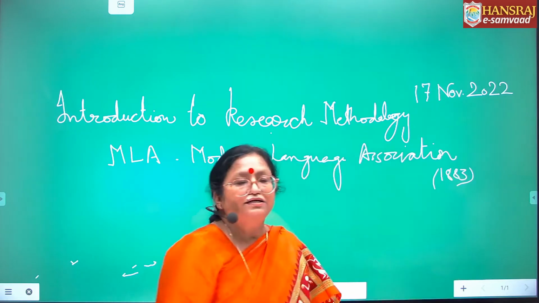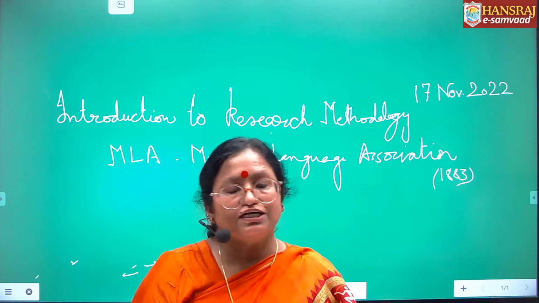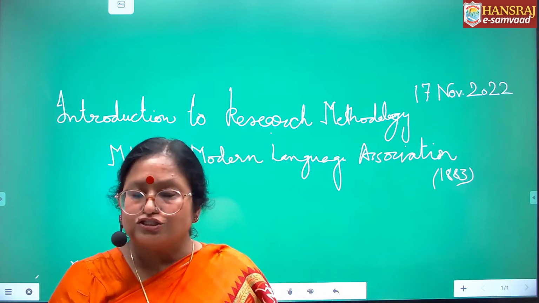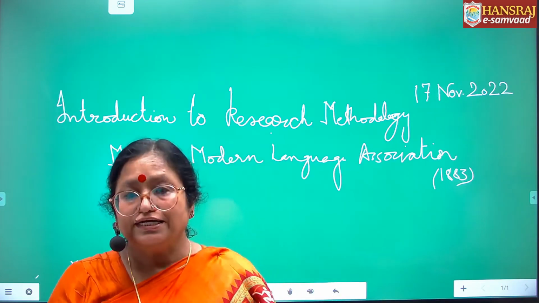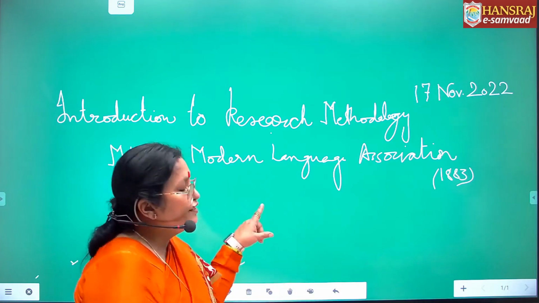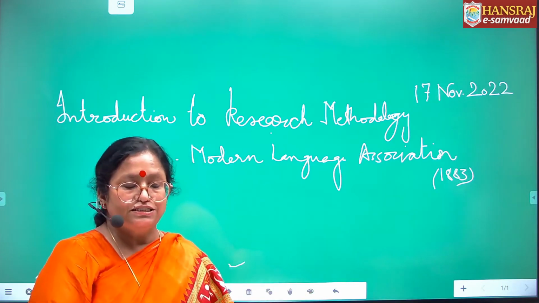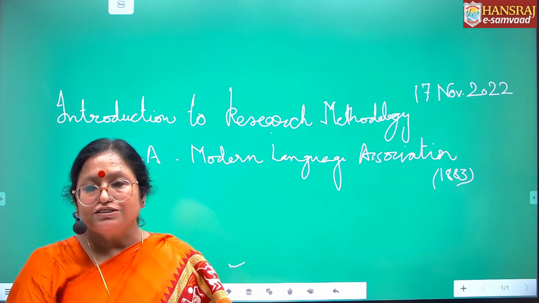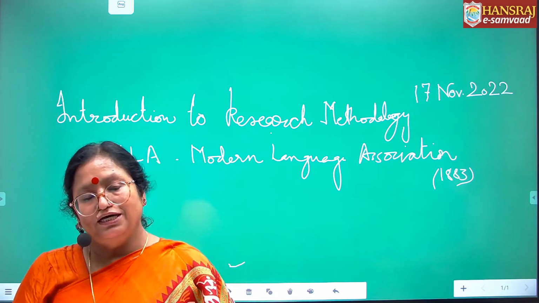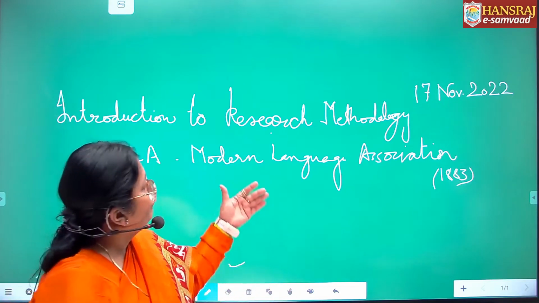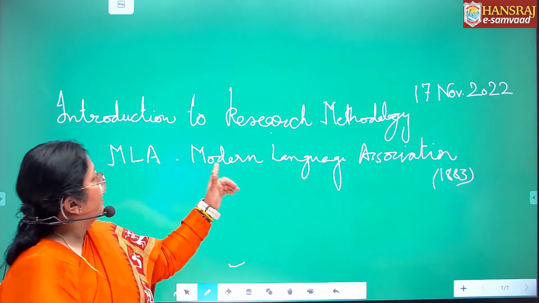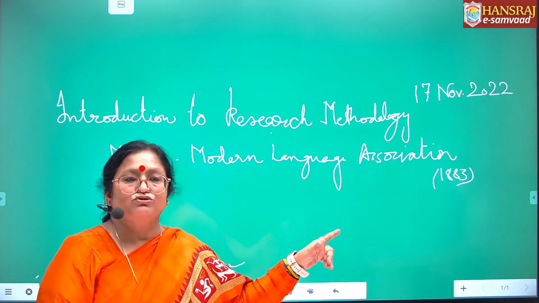Earlier, French and Latin were the classic languages, and the status of English was not like that. That's why a number of scholars, researchers, editors, and publishers joined hands together and formed an association known as the Modern Language Association.